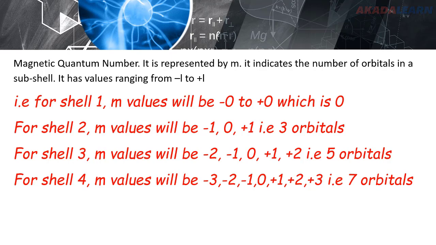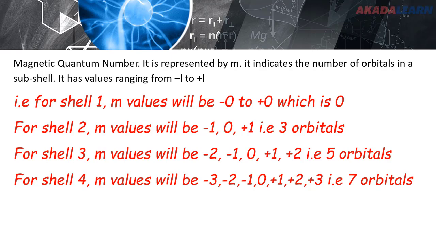Now, from the foregoing, you would see that the first shell that has just the shell, no subshell, can contain only 2 electrons. The second shell that has 3 orbitals can contain 6 electrons, 2 in each, while the third shell can contain up to 10 electrons, meaning 2 electrons in each of the 5 orbitals.